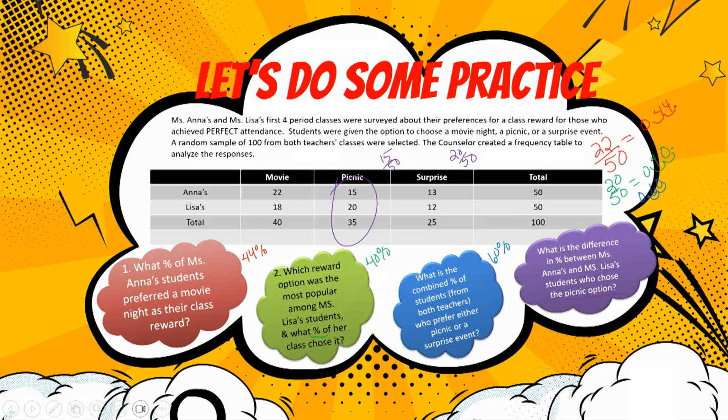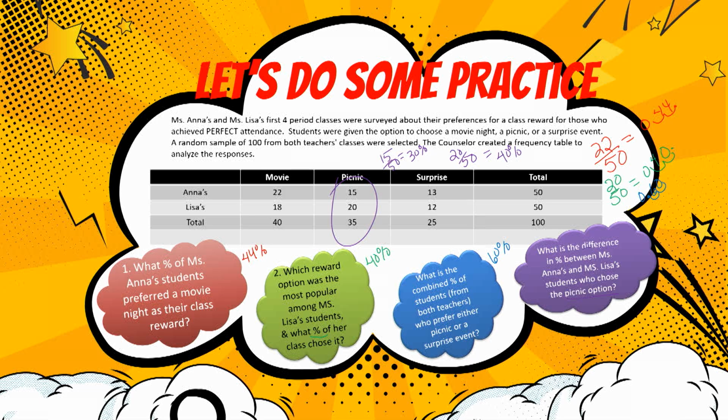That's how many out of each class wanted the picnic. So 15 out of 50's percentage is 30. That's a calculator skill. And for 20 out of 50, we put 20 divided by 50, and we move our decimal 2 places to the right, and I get 40%.